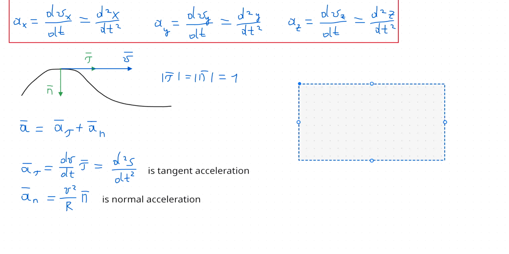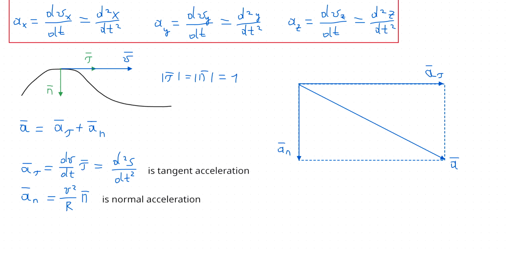So we have tangent acceleration here and normal acceleration here. So it will be a tau, and here we have a n, and their sum will be equal to a, the full acceleration.